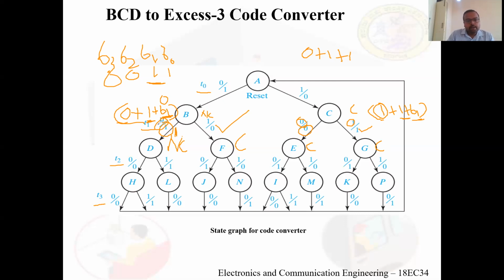Now, how do you read this value? If you see how the states are written here, just by looking at this one, the input is 0, 0 here for this one. E is 0, 1.